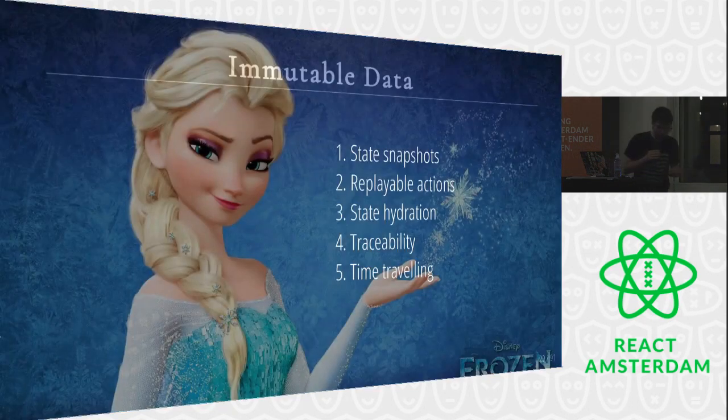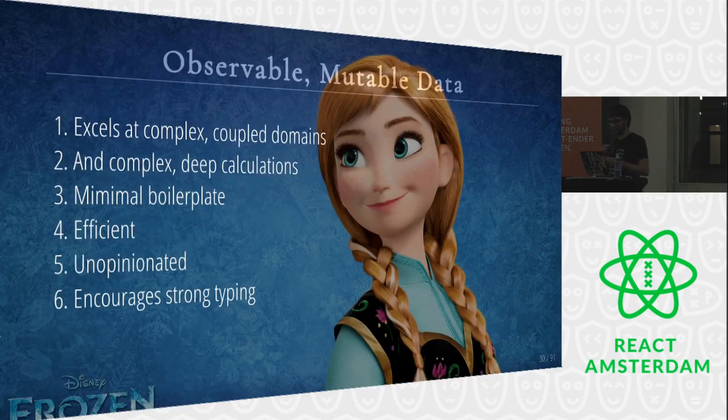So let's talk a bit about Elsa. Elsa is a very well-controlled, very predictable, very well-behaving girl. On the other hand, there's Anna, and she's very agile and very straight to the point, and she just hates ceremony. And of course, that totally doesn't relate to my talk, so I hope you have read what was on the slides.